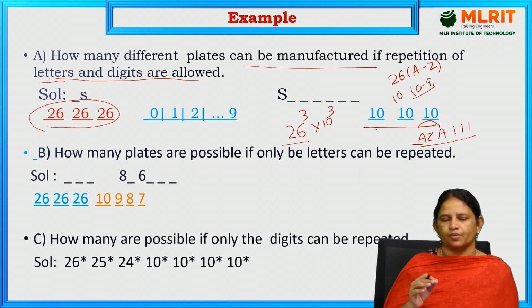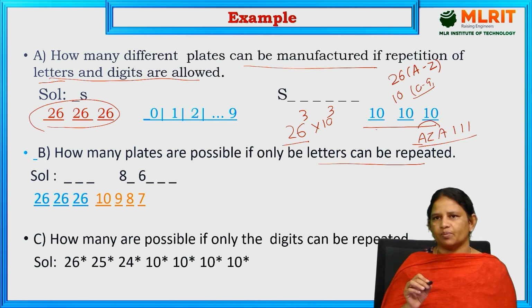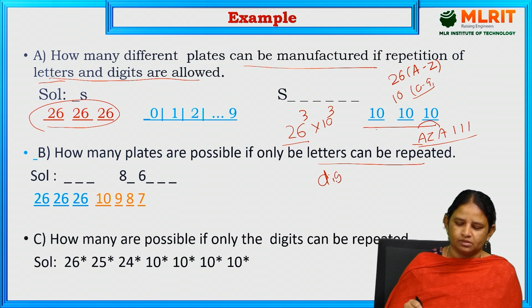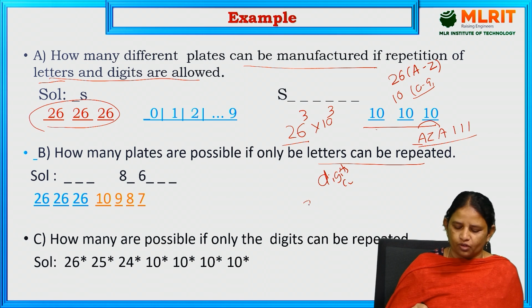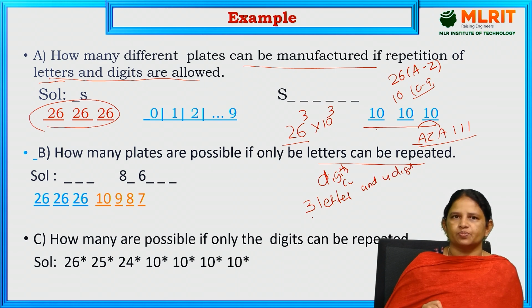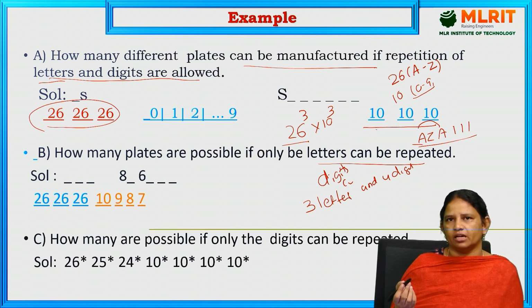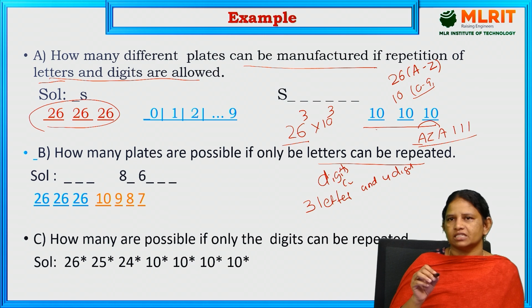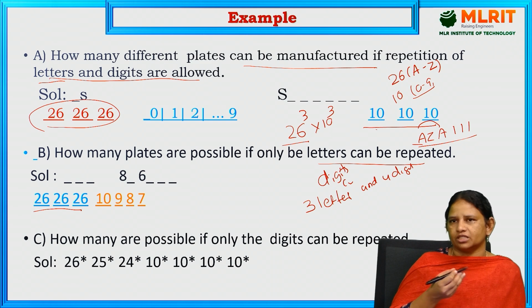How many plates are possible if only letters can be repeated? Only letters can be repeated means digits cannot be repeated. Suppose the number plate consists of 3 letters and 4 digits. 3 letters means 26 letters, and you can write 26 three times because repetition is allowed for the letters.